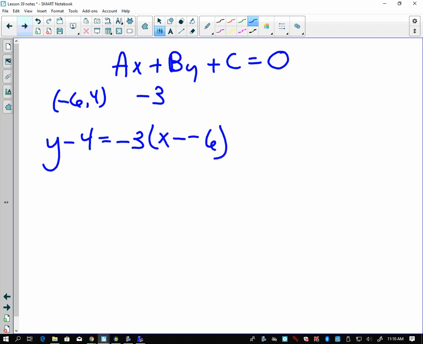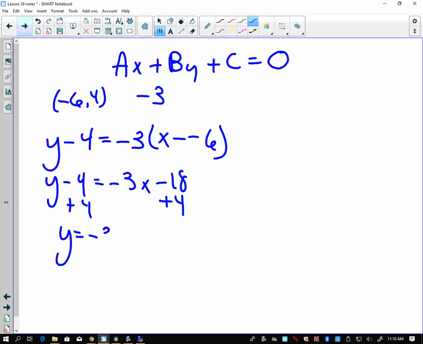Yes? Okay, y minus 4 equals -3x. You got -3 times +6, so -18. Okay, add 4. Am I going too fast for it? I feel like this is old information, so I'm just going to scoot through it. Okay, y equals -3x minus 14.